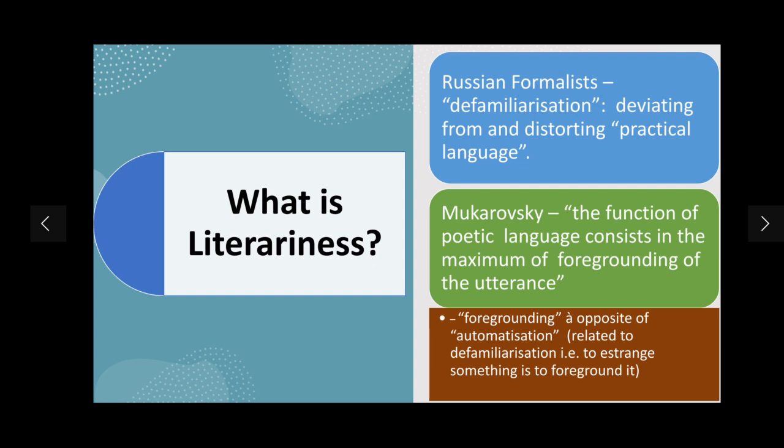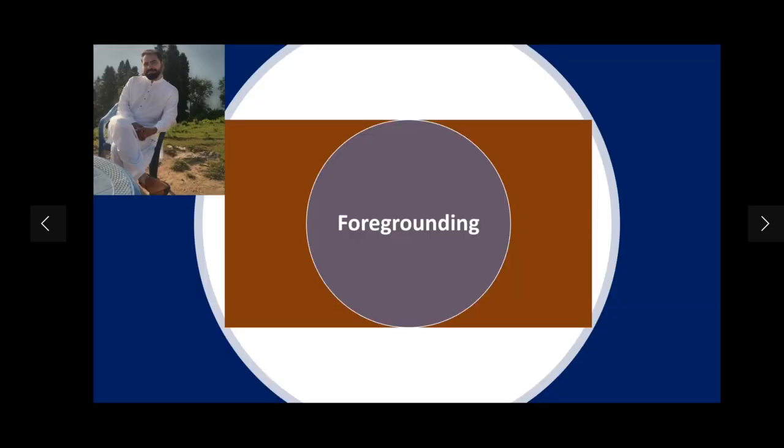And then we talked about defamiliarization, we talked about deviation, and we talked about distorting practical language. Now in the coming lecture, we will talk in detail about foregrounding: what is foregrounding and what is the importance of foregrounding in literary stylistics? So keep watching and wait for this lecture. Thank you so much.